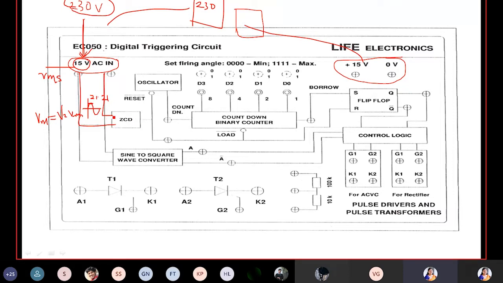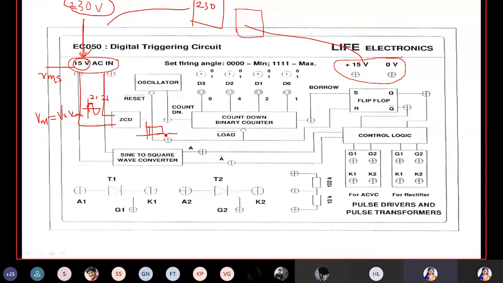Now, when you apply this signal to zero crossing detector, what will be the output? Square wave like this, you will get pulses. It will detect at this point, it is crossing 0. So zero crossing detector will detect. At this point also it is crossing 0, right?